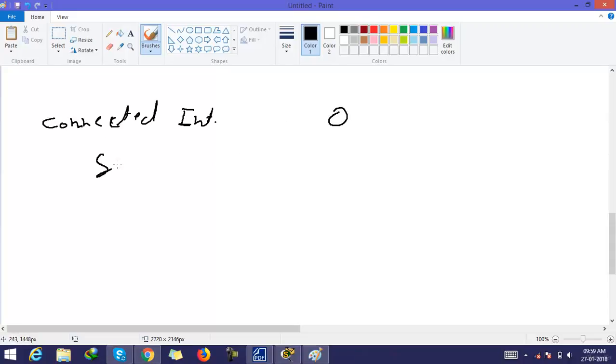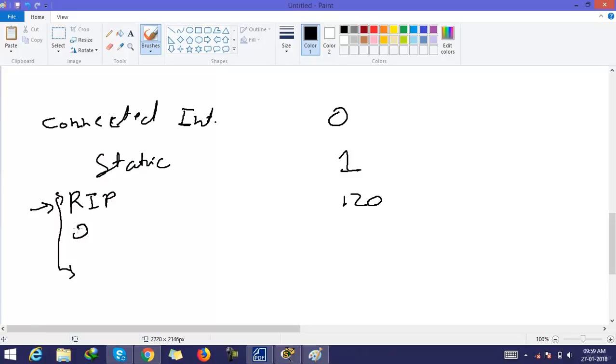Static route AD is 1. RIP, the routing protocol we will discuss in the near future, has AD 120. Then OSPF has AD 110.